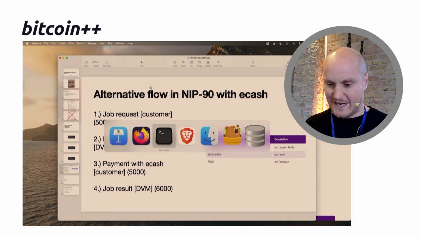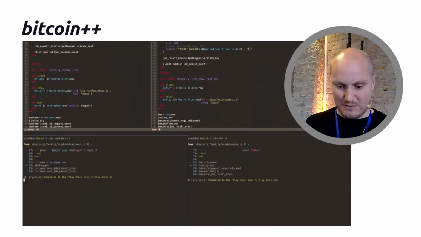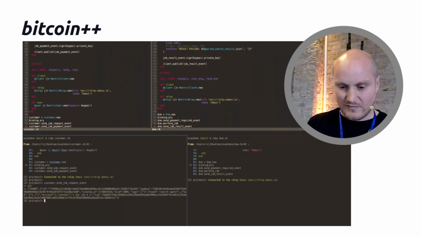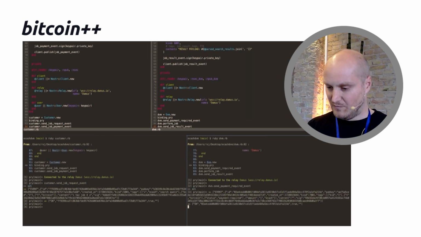So the demo is pretty hacky. You just have a customer and a DVM connecting to the relays. The customer sends the job request event over Nostr, and then the DVM responds with the send payment required event, which would have been the 402, saying the amount is 1 to process this.